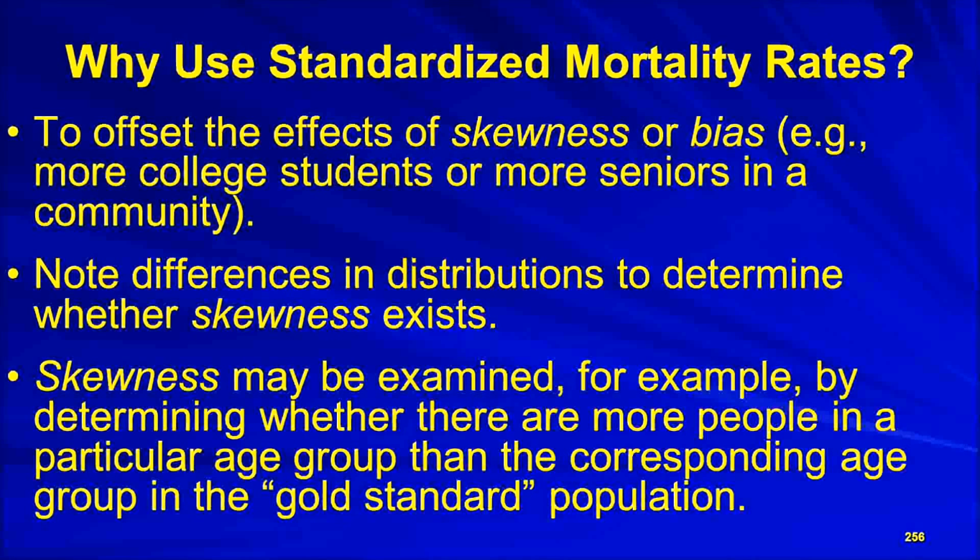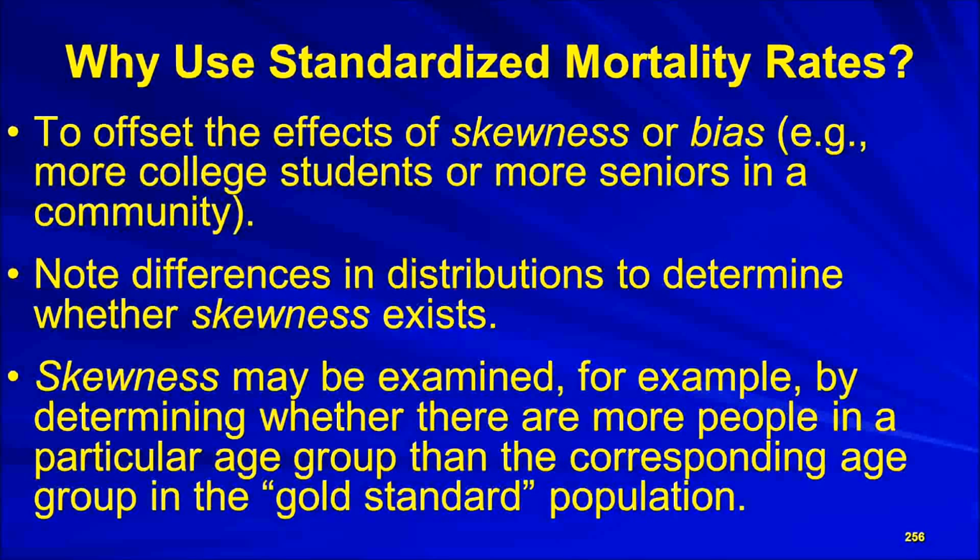Otherwise, I'm going to get a result that is skewed and incorrect or biased. I would make assumptions about death rates that would be false, and they would not correspond in any reasonable way to what we would expect in regards to the U.S. or the world population as a whole.